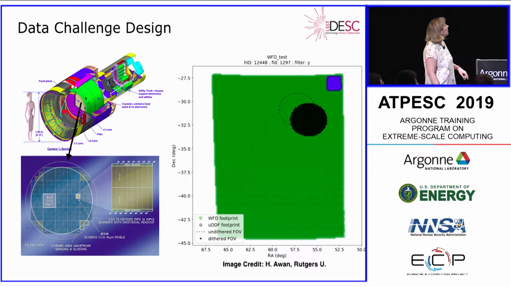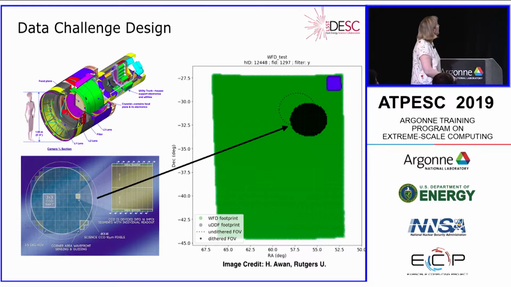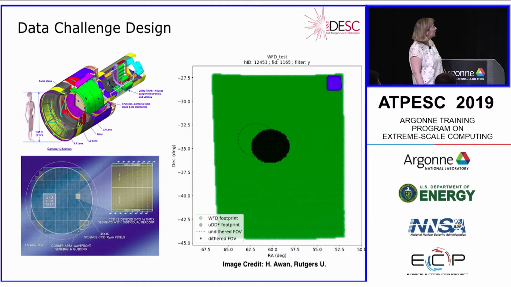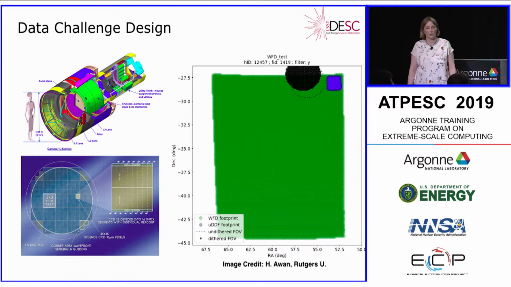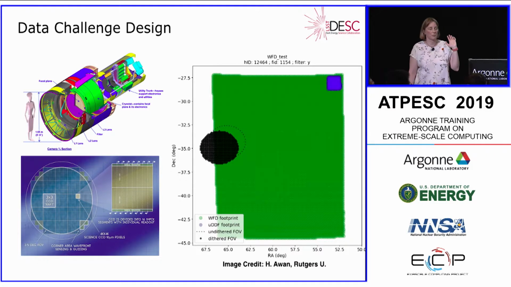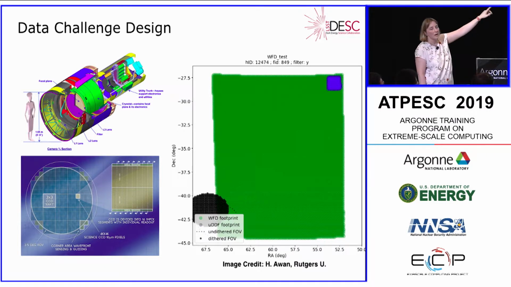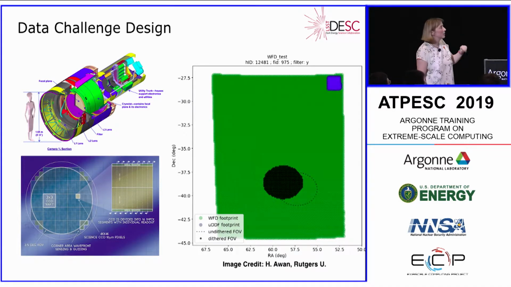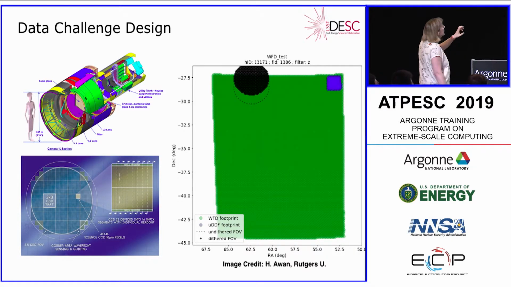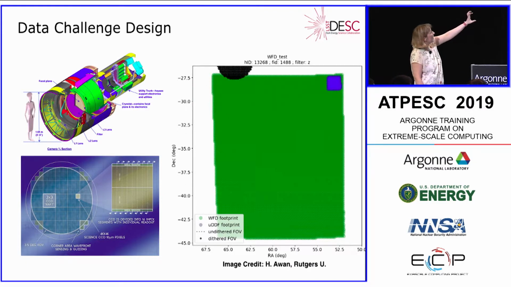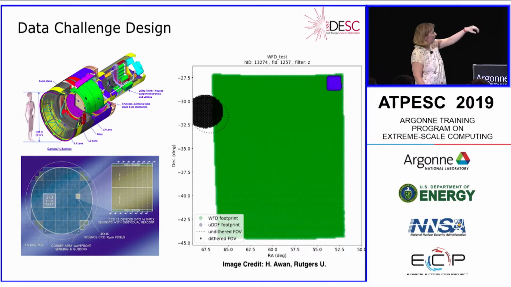What you see here on the right is actually the observing strategy of the telescope. You saw this green patch on the previous slide, which is what we want to simulate. So that's the same green patch. The blue one is one of these deep drilling fields that we want to simulate. And now you see how the telescope, with its focal plane, is hopping around trying to fill up this green patch.